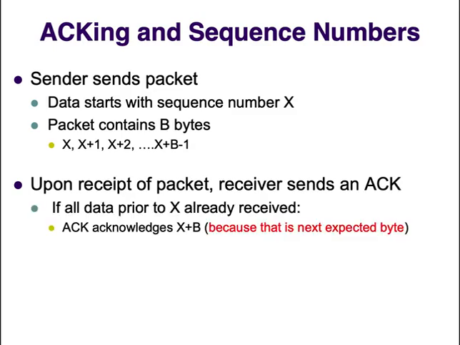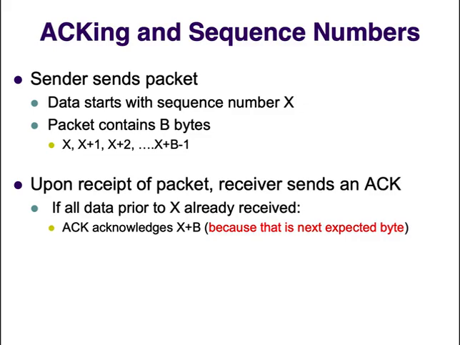If all data up to X had already been received at the receiver, it has now received bytes X up to X plus B minus 1, so your ACK is going to be for X plus B. The reason it's X plus B is, remember, TCP acknowledges the next expected byte.